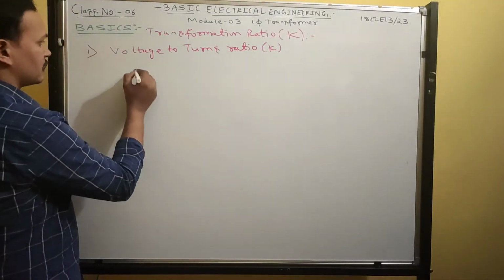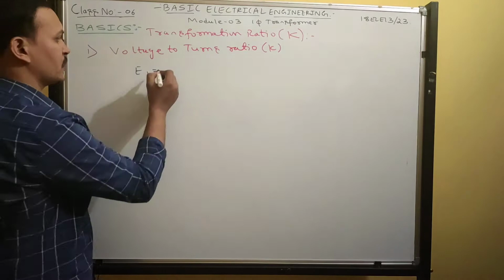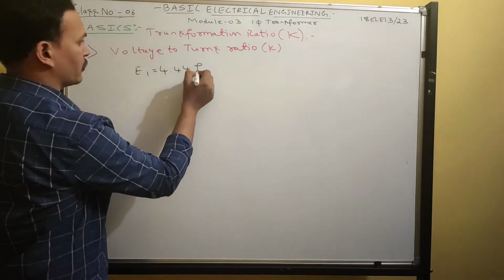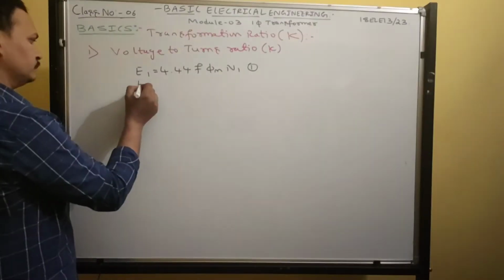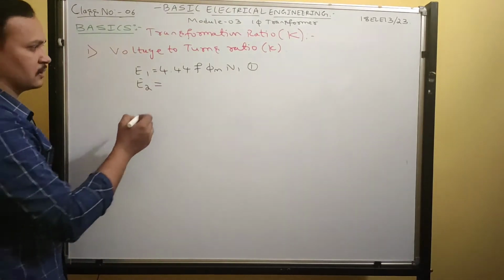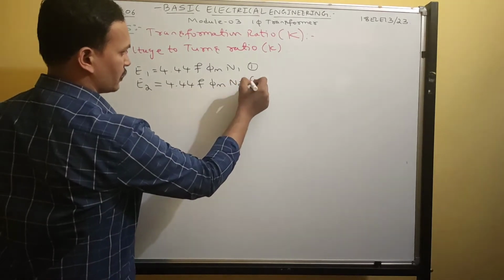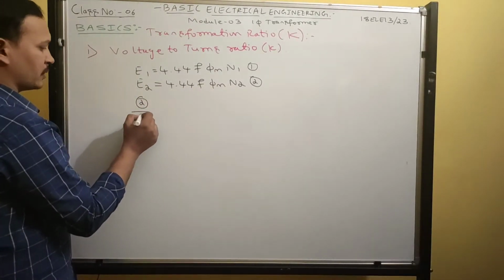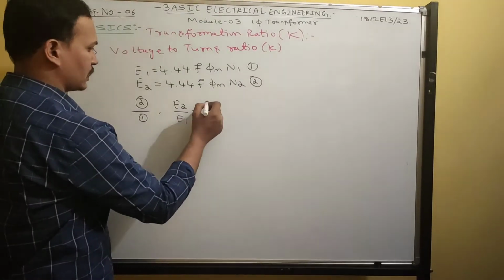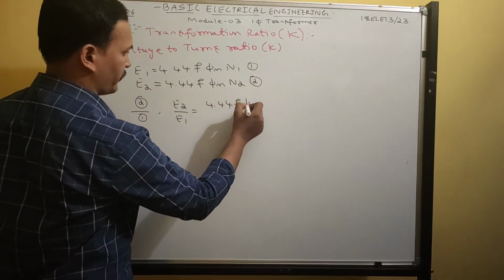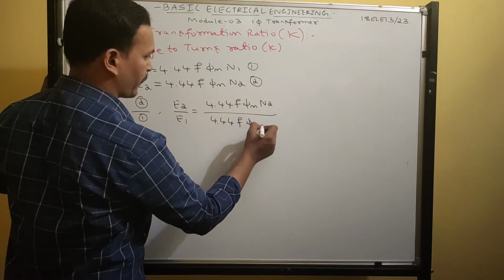See, we know the EMF induced in primary winding, the EMF equation of transformer for primary, E1 is equal to 4.44 f φm N1. Take this as equation number 1. Next, EMF induced in secondary is E2 equals 4.44 f φm N2. Now divide equation 2 by equation 1. Then E2 by E1 is equal to 4.44 f φm N2 divided by 4.44 f φm N1.